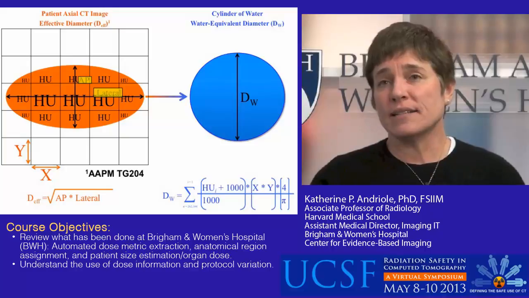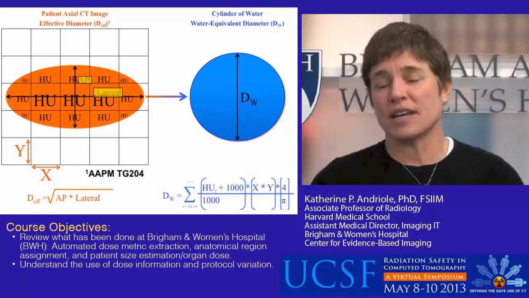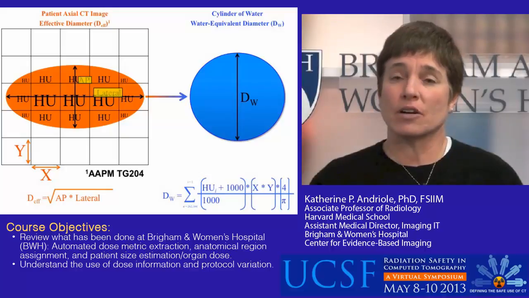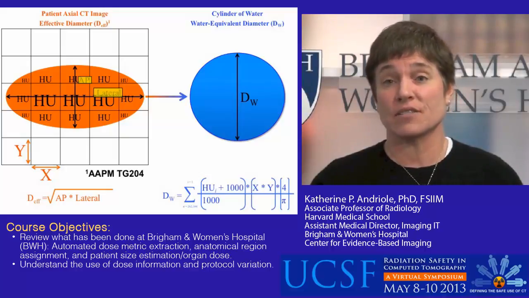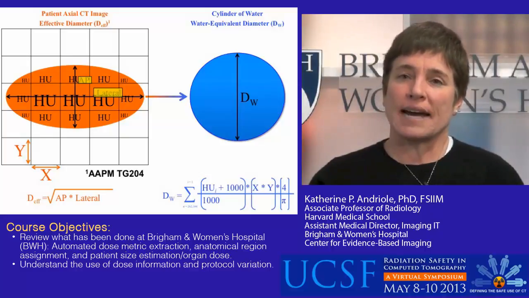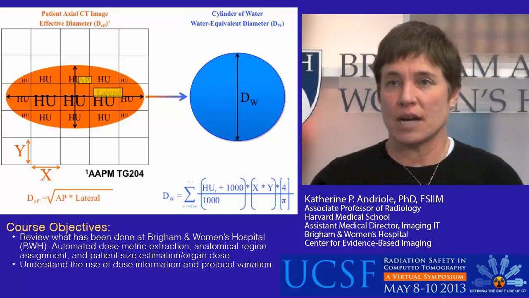What we did to validate our algorithm was compare this against an accepted method that was created by the American Association of Physicists in Medicine, their Task Group 204, where they looked at effective diameter, and they looked at the AP and lateral diameters to estimate patient size.